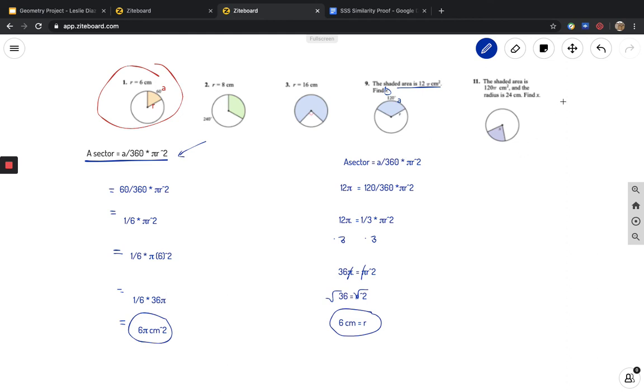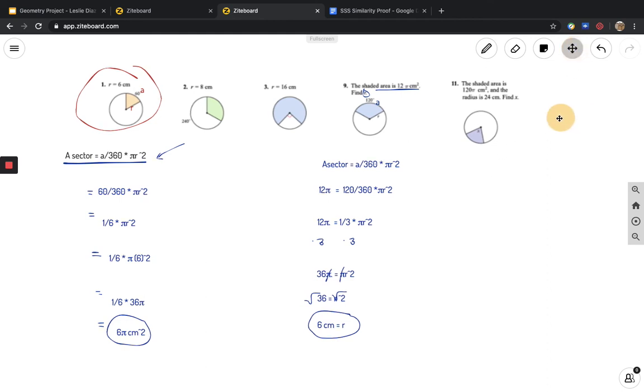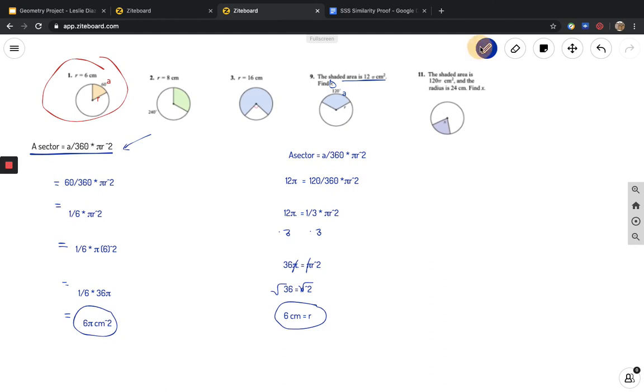Now, one last problem that we're going to look at for today is going to be number 11, which states again that the shaded area is 120 pi centimeters squared. And it gives us the radius this time. So we know that r, which is right here, is equal to 24 centimeters.